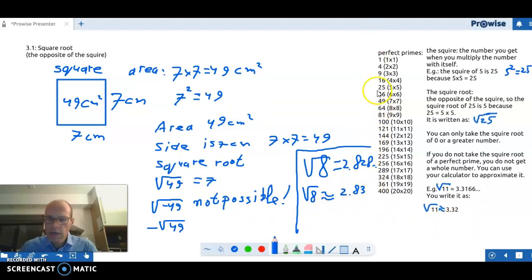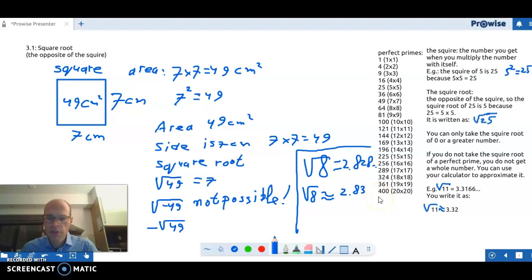You might remember the square, but square root is new, so that is something you should take a note of. And then also the perfect squares is something you should take into account. If you don't know them yet, copy them so you can learn them.